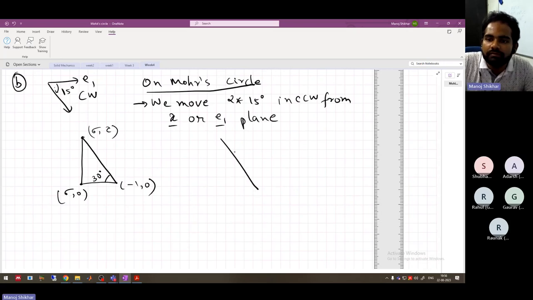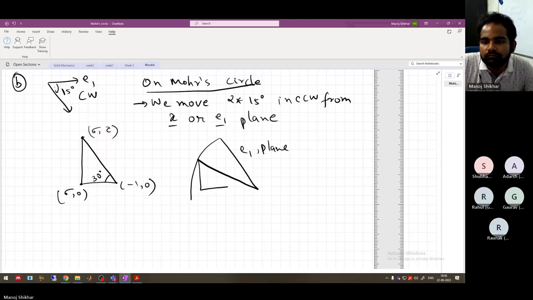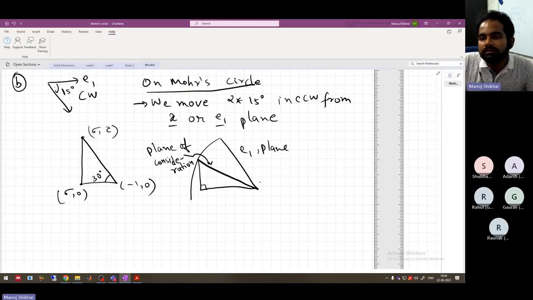Because this was our E1 plane. This is our plane of consideration. And this is our x-axis.